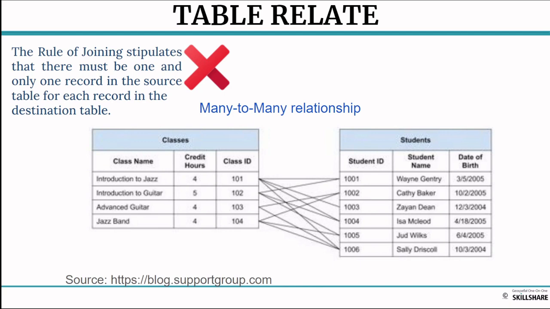Relating this is quite difficult. Sometimes what we do is create the relations in batches. You first create a relation between the students and the class, and then you create another relation between the class and the students, and that's how you try to do it.